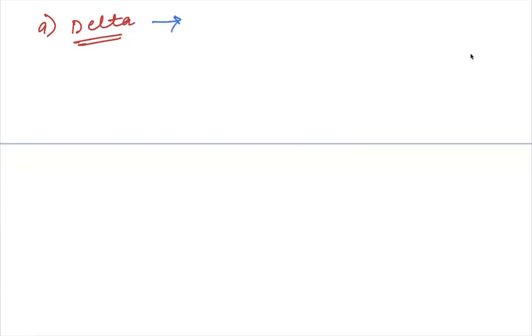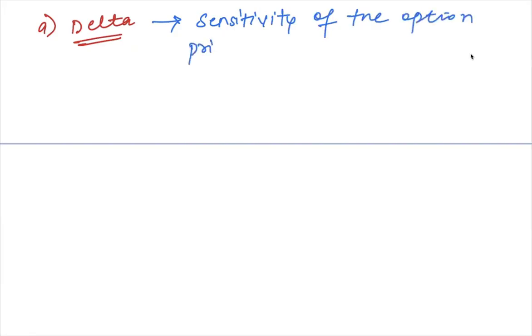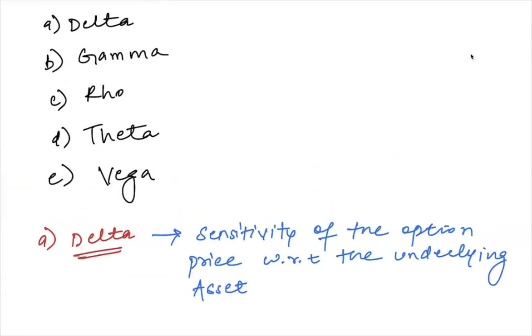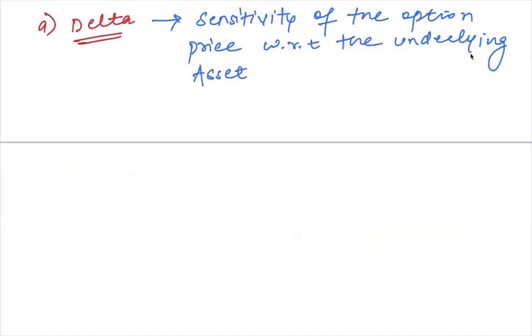I just want to first cover the definitions of each of the Greeks, and then we'll go into detail on each of them. So bear with me for a few minutes until I cover the definitions, and then we'll go super deep. Delta tells you the sensitivity of the option price with respect to the underlying asset. This is very important. This is delta.